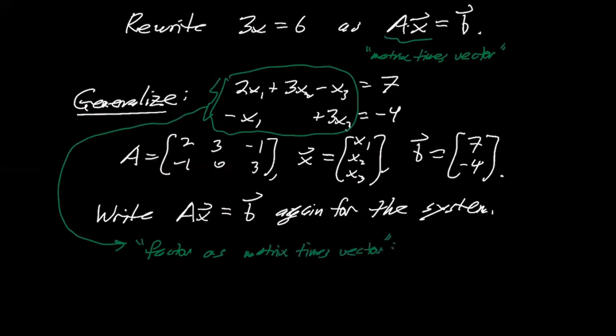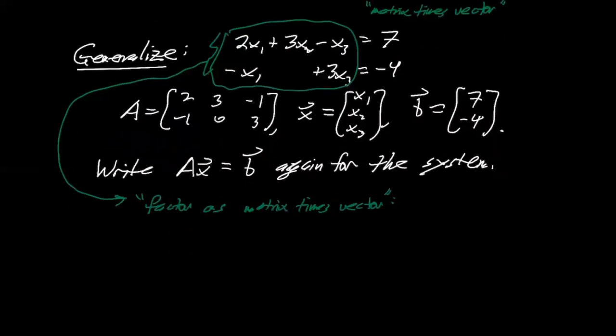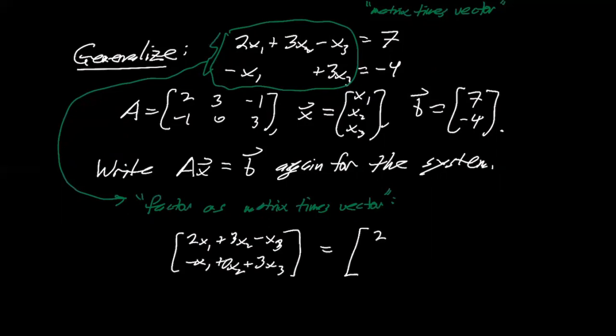Right, in that we're saying we can rewrite, this is really a vector, the left-hand side of this. Actually, let me put the 0 in here really explicitly. Plus 0x2 plus 3x3. And we're really rewriting that as the matrix 2, 3, minus 1, minus 1, 0, 3, times the vector x1, x2, x3.